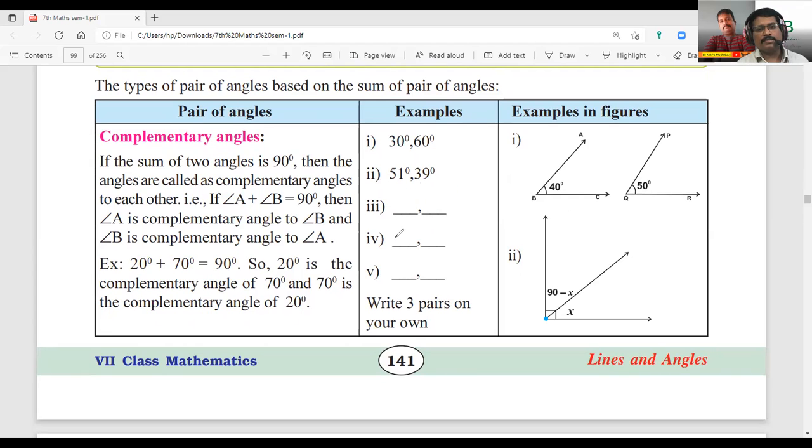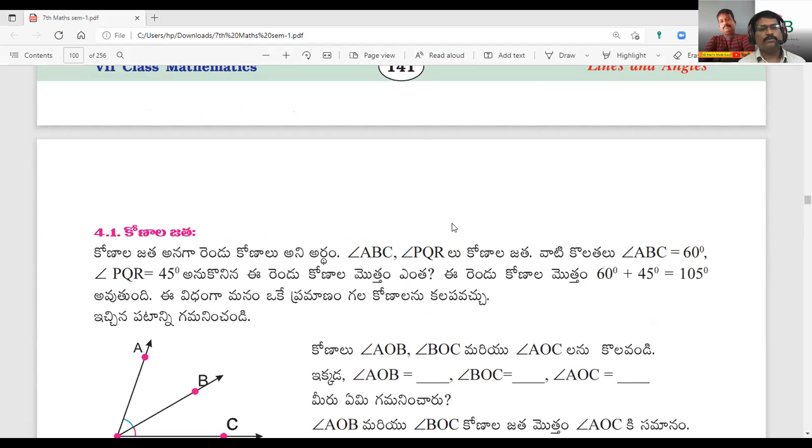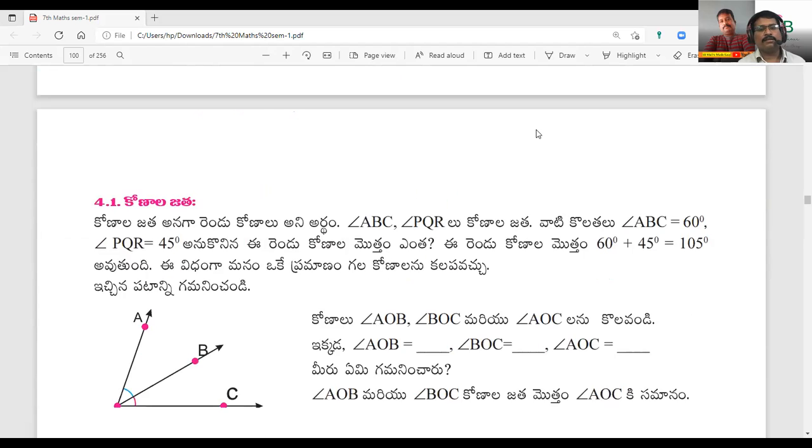Am I right? Next, 45 and 45 also. Next, 15 degrees, I think 75 degrees. Am I right? 15 degrees, 75 degrees, like this way. Okay. So I'm going to clear all the drawings.